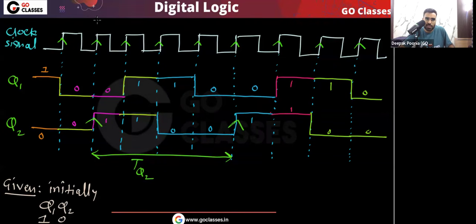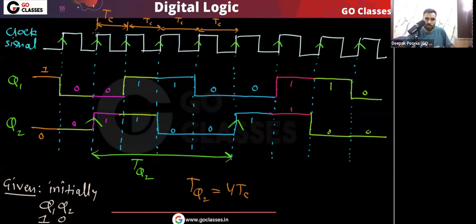You can easily notice that the time duration between two consecutive rising edges is basically TC. This is TC, then this is TC, then this is TC, and then this is TC. And you can notice that this TQ2 is basically 4 TC.